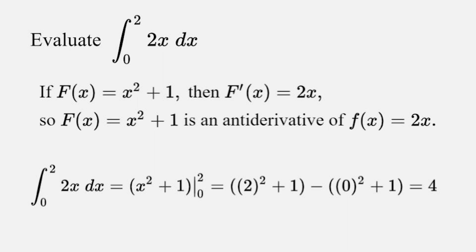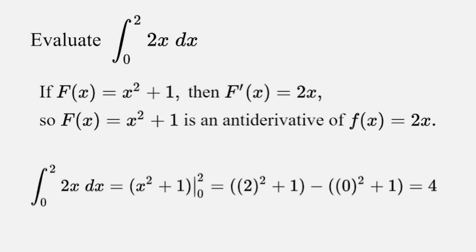And just to demonstrate that I can get the same answer, let's evaluate that definite integral, but use this new antiderivative instead. So if I want to evaluate the definite integral from 0 to 2 of 2x dx, an antiderivative of 2x is x squared plus 1.